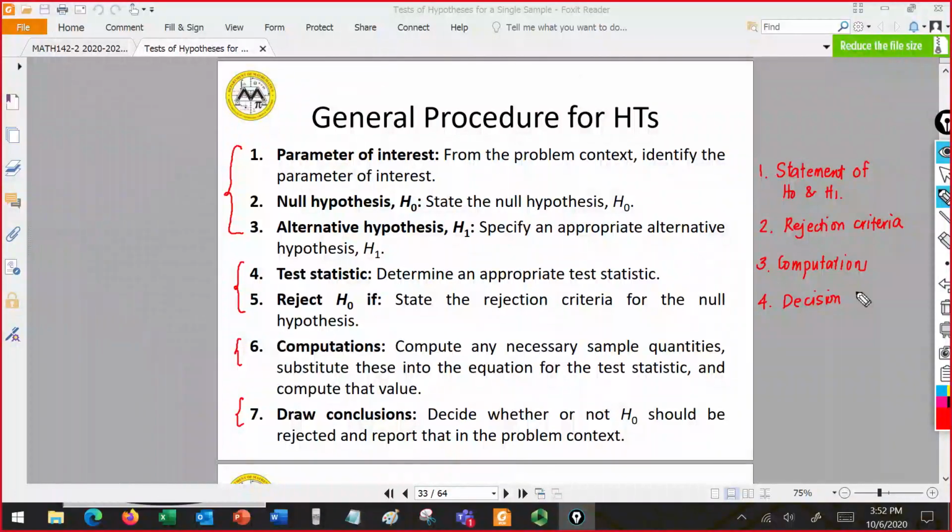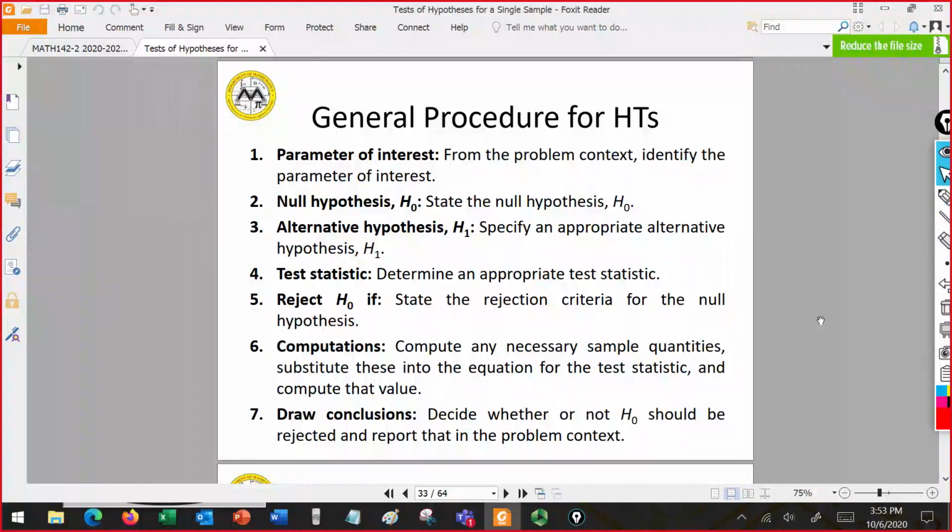Or draw conclusions, but for the decision, it's as simple as reject H0 or fail to reject H0. Okay?